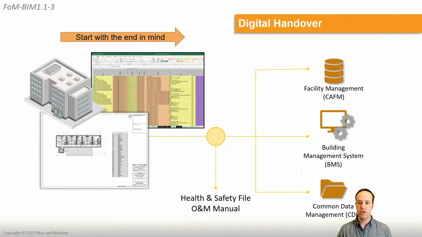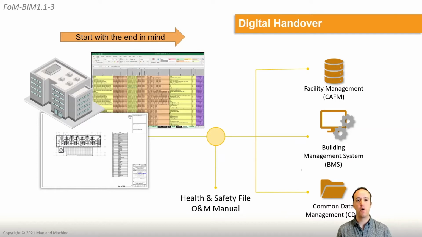If you can imagine, historically, when a building was completed and handed over, there would be floppy disks, there would be O&M manuals, like this, that would be handed over with that building to the asset owner or the facilities manager. In this day and age, even though we've got USBs and DVDs and things have come a long way since then, and Blu-ray discs, that handover still happens.